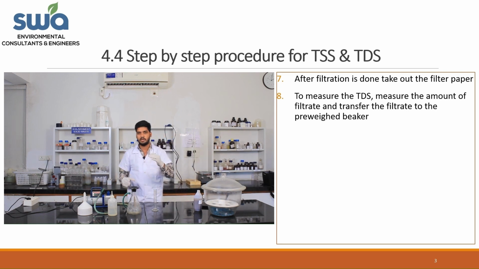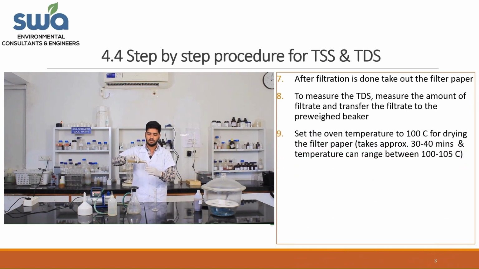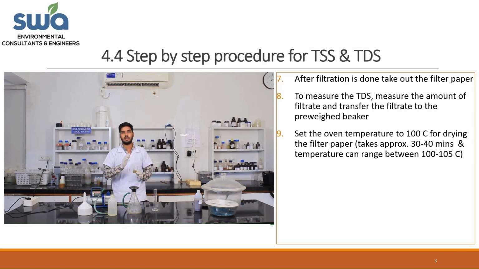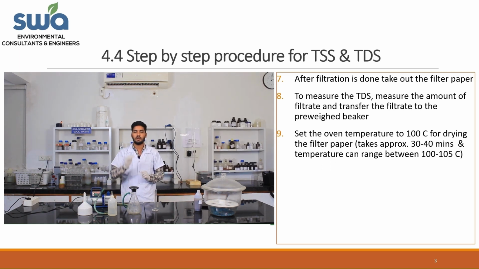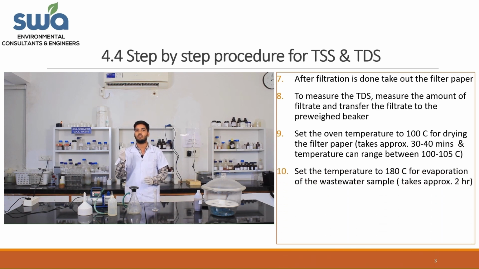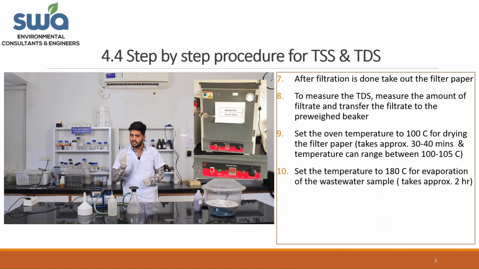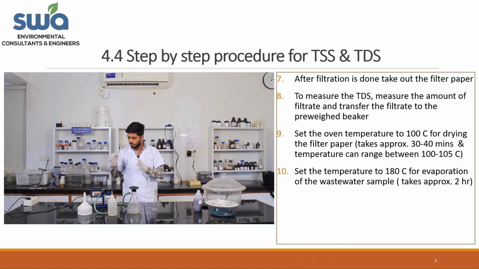So here we have this pre-weighed beaker. We will transfer this into the pre-weighed beaker. We will transfer both the filter paper and the beaker into the oven. Firstly, at 100 degrees centigrade for the filter paper for 30 minutes. After the filter paper is dried, take it out, put it in the desiccator again and increase the temperature of the oven to 180 degrees centigrade so that the filtrate for TDS will get evaporated.